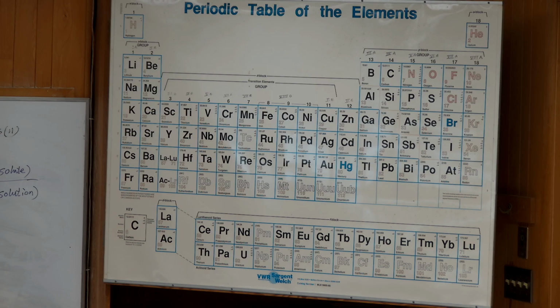You need to convert this into liter. 145 divided by 1,000 becomes 0.145, moving 3 decimal places. Moles divided by liter is molarity: 0.00975 molarity. Okay, so we get molarity of sulfate.